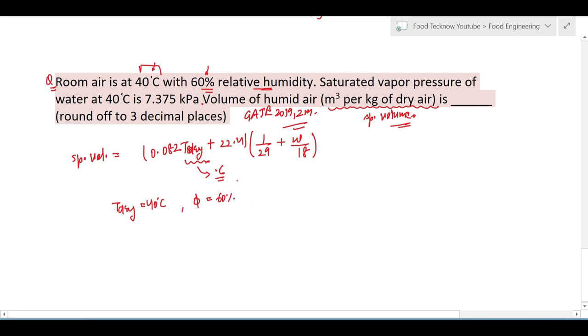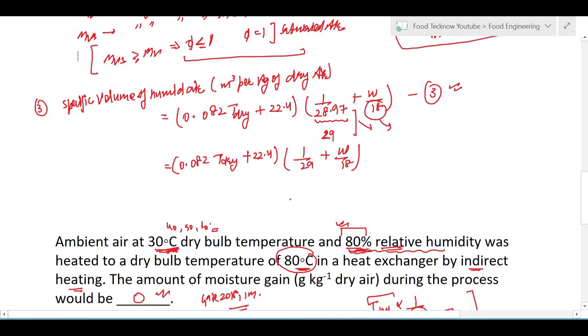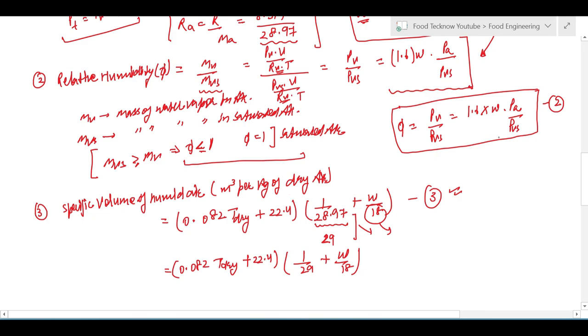Okay, and we have to calculate this W. So how to calculate this W if we have the relative humidity? We saw a formula above where we derived the relation between W and relative humidity, where PA is the atmospheric pressure and PVS is the vapor pressure of the air when it is saturated.